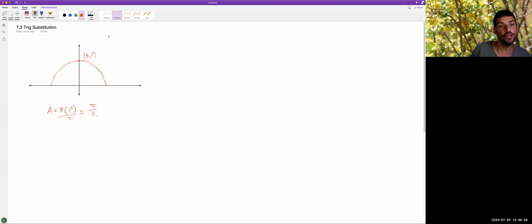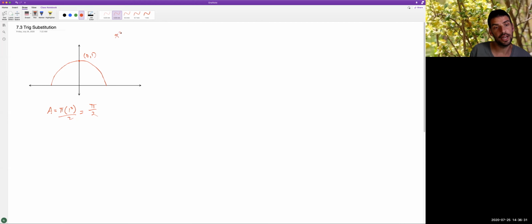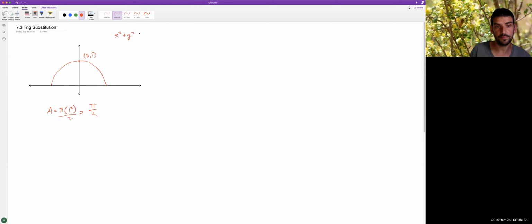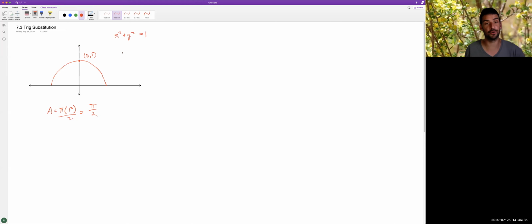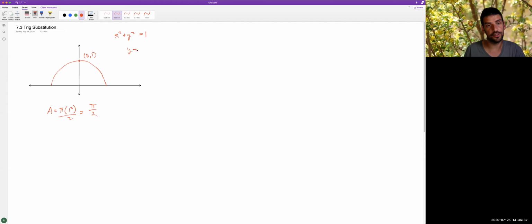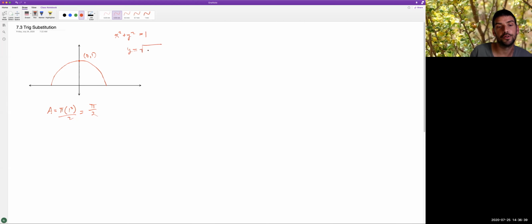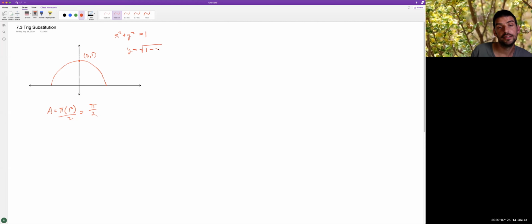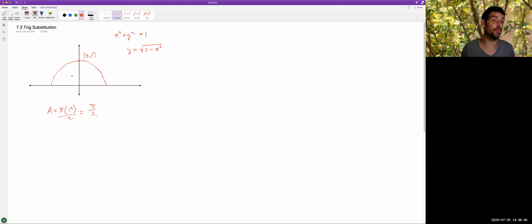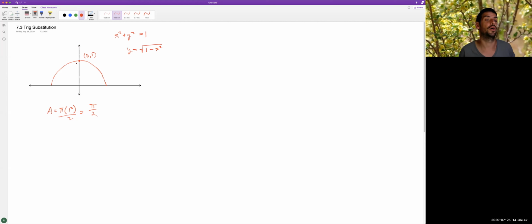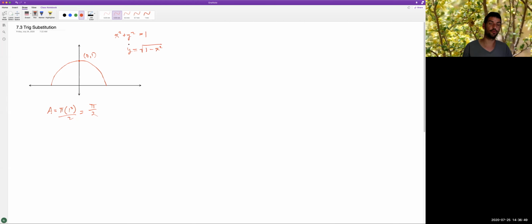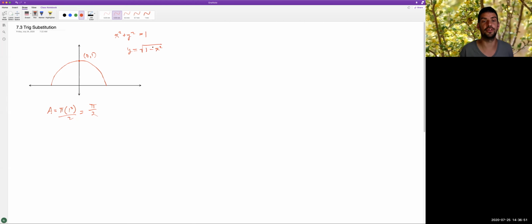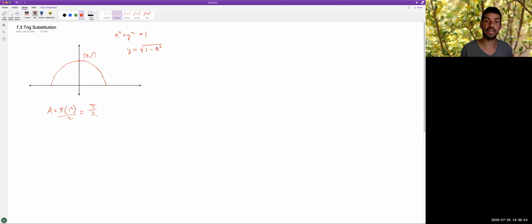Okay, so the unit circle has the equation x squared plus y squared equals 1, and we can solve this for y, and this is actually the top half of the unit circle, so exactly what we are looking at here, right? Solving for y actually gives us 2 solutions, the plus and the minus, the positive and negative of this radical. So we just want the positive one.